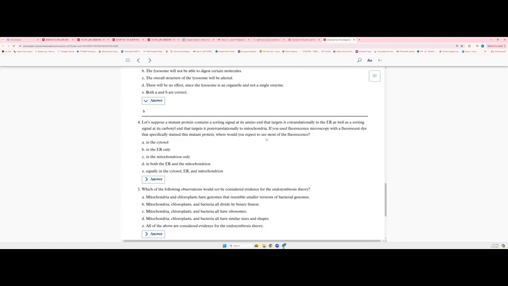It cannot go to the mitochondria anymore. It contains a sorting signal at its amino end. Because it's mutated, it's changed. So how to do it?